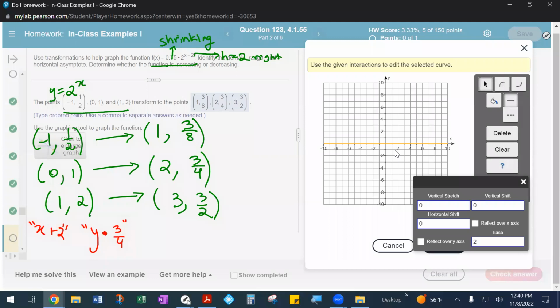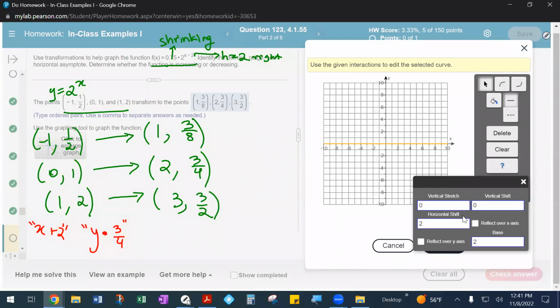Yes, very nice. Base is 2. Where does that moving to the right 2 units go, under which box? Vertical stretch, vertical shift, horizontal shift. Horizontal shift. Very nice, because we're moving it 2 units to the right. That's going to be horizontal shift, which happens before the stretching or shrinking. So that should be good.